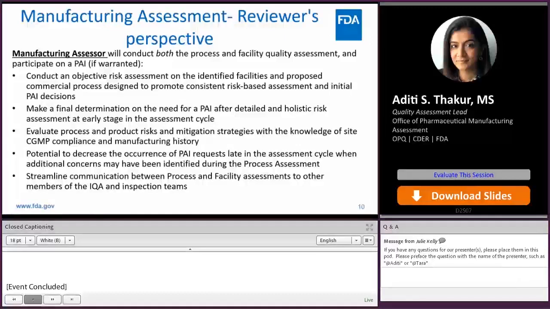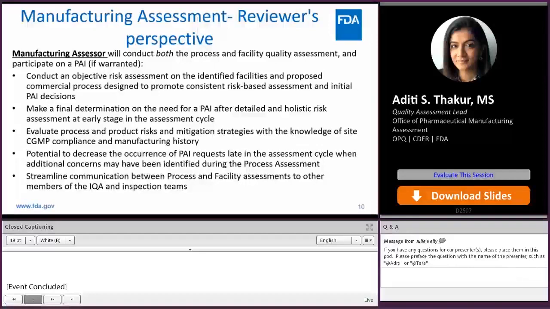The assessor's responsibilities include an objective risk assessment of the identified facilities and proposed commercial process, designed to promote consistent risk-based assessment and initial PAI decisions. After that, a final determination on the need for a PAI is made after a detailed and holistic risk assessment at the early stages.